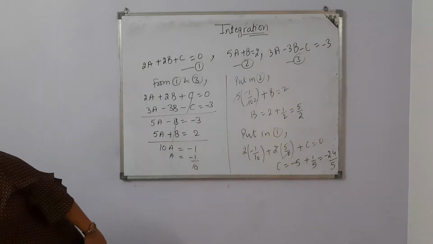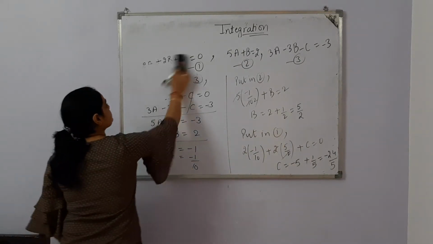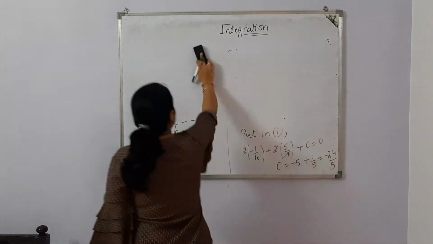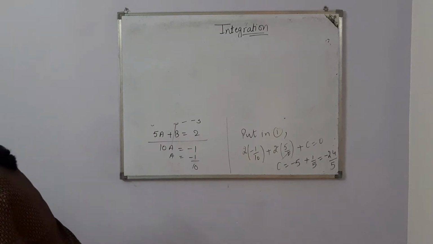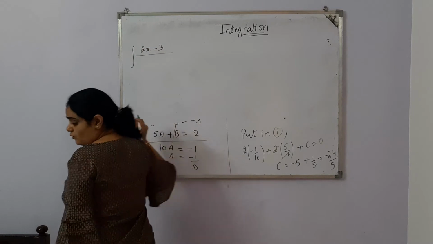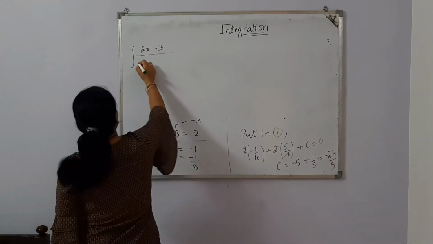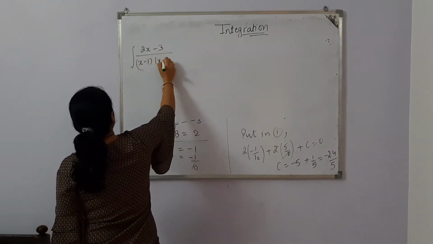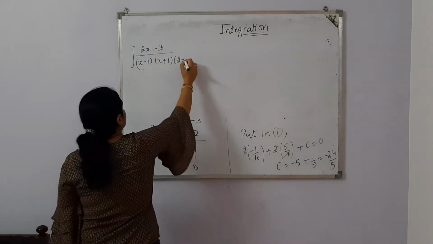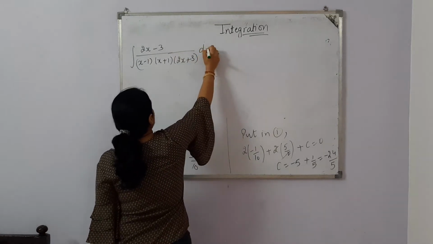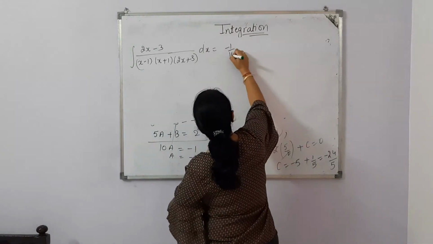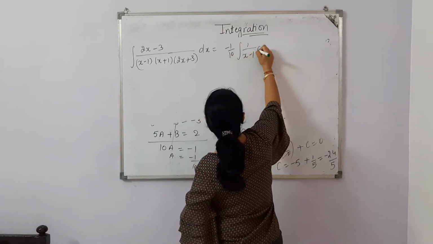We'll substitute and find the integral now. What was the function? It was 2x minus 3 whole upon x minus 1, x plus 1, into 2x plus 3, and we substituted a upon x minus 1. What is a? Minus 1 by 10 upon x minus 1.